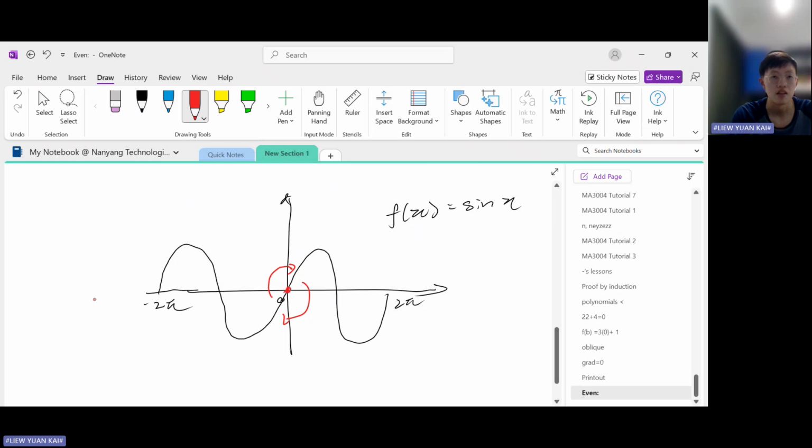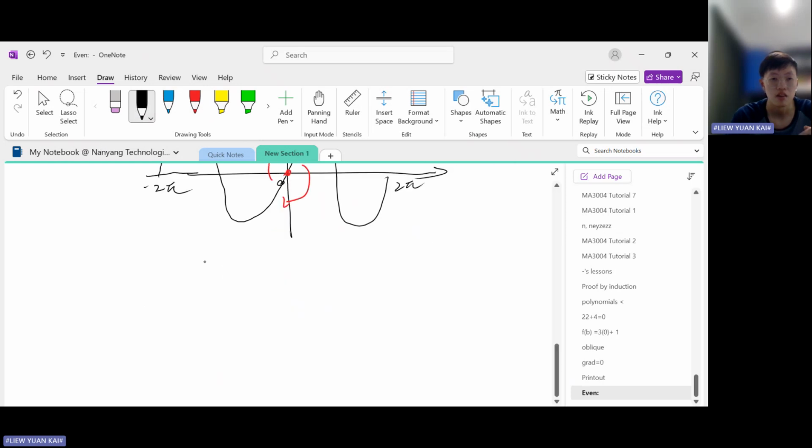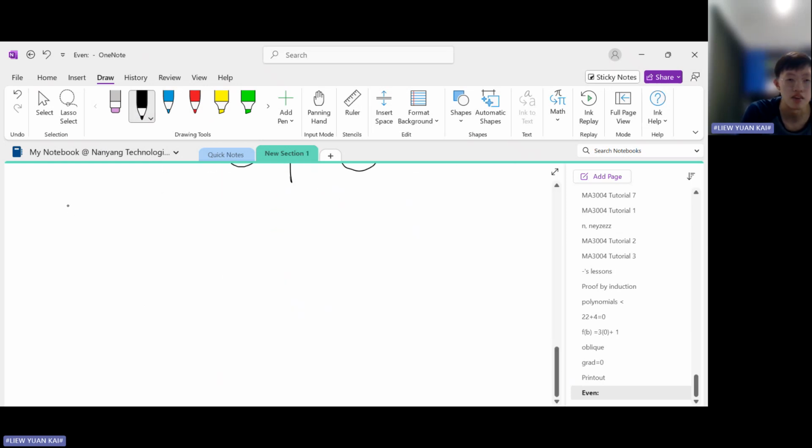So long story short, you need to know the two examples of an even and odd function. For even function, the most important example is cosine for our discussion of Fourier cosine. So cosine x is an even function, which means that cosine of negative x will be cos of x.